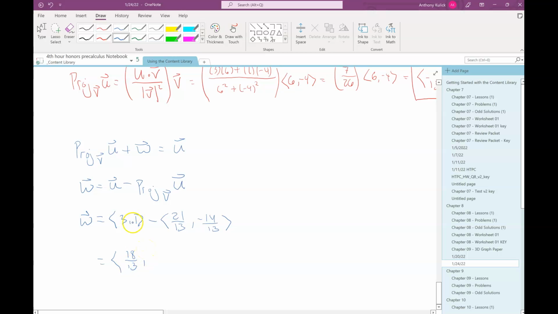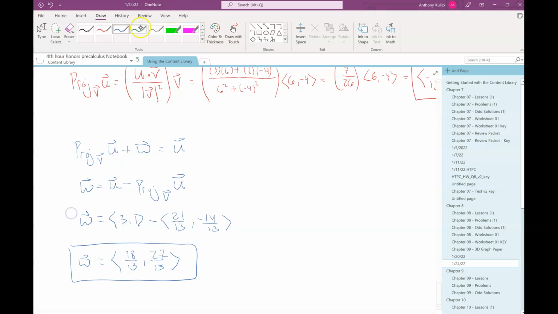And then 1 is 13 over 13, so minus a negative 14 is going to be 27 over 13. So that's my vector w.